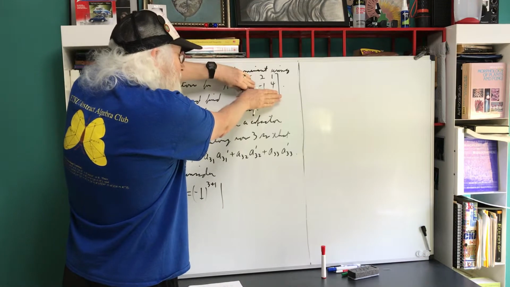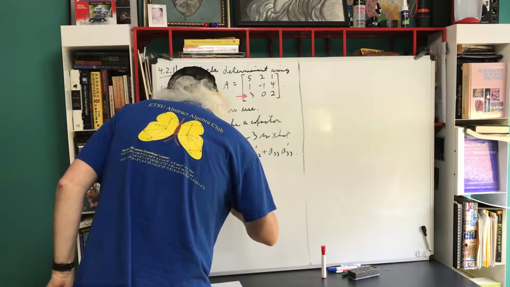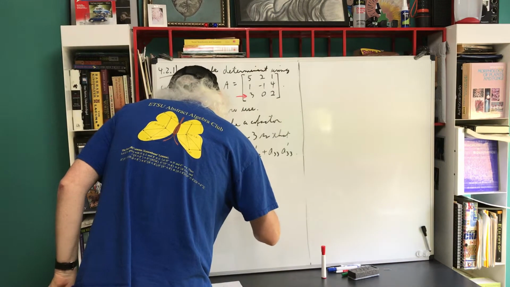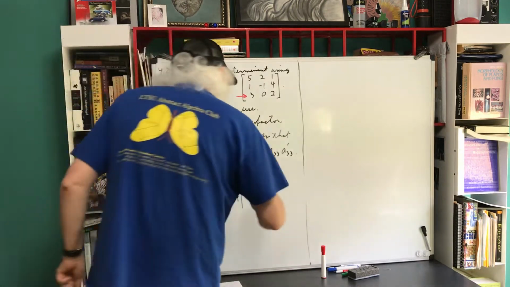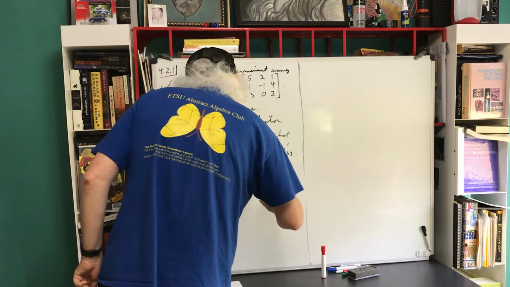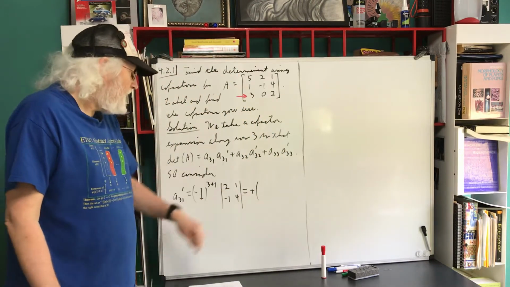That'll leave us with a little minor matrix, 2, 1, -1, 4. All right, -1 to the 4th power is +1. So silly to write it, but I want to see the alternating plus minus sign. Let me put a positive there.